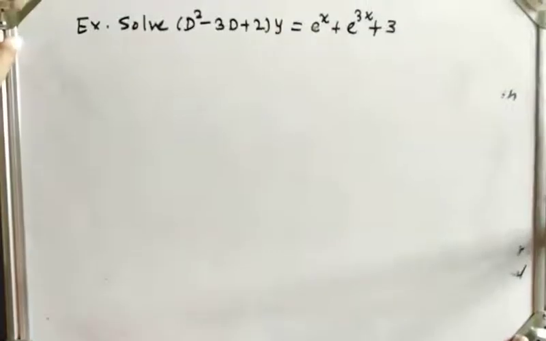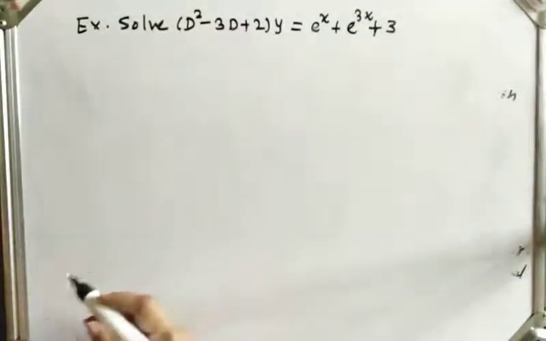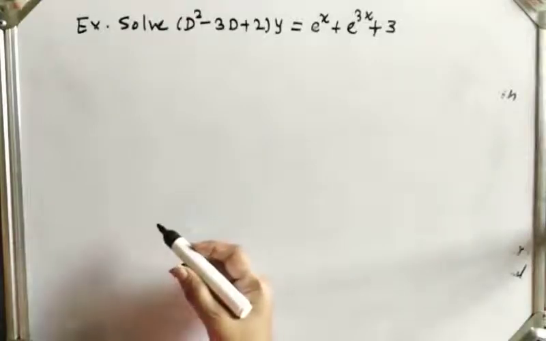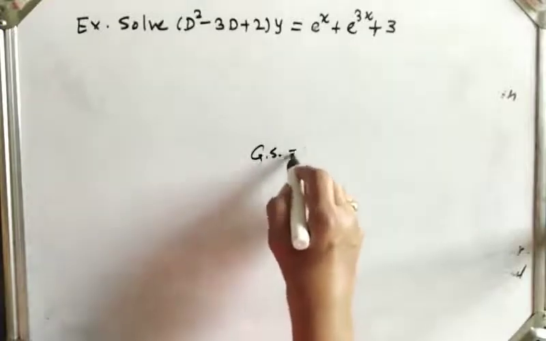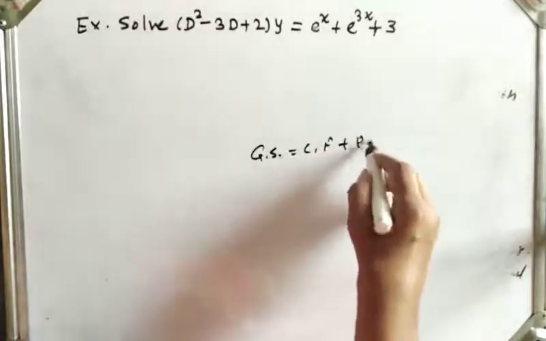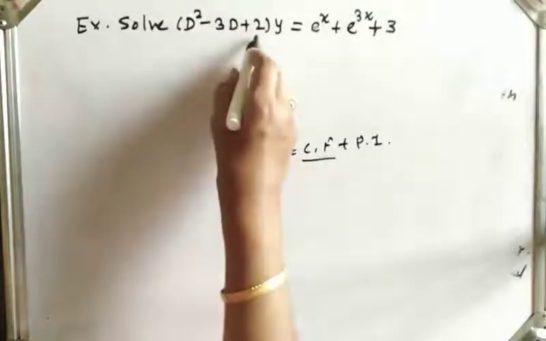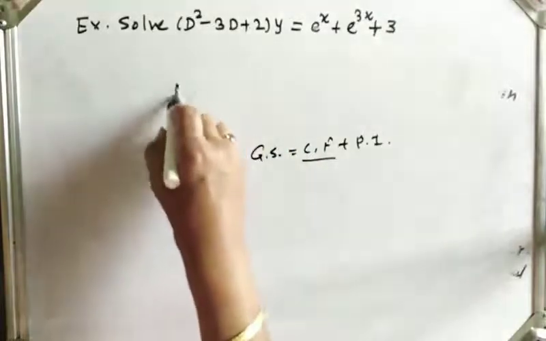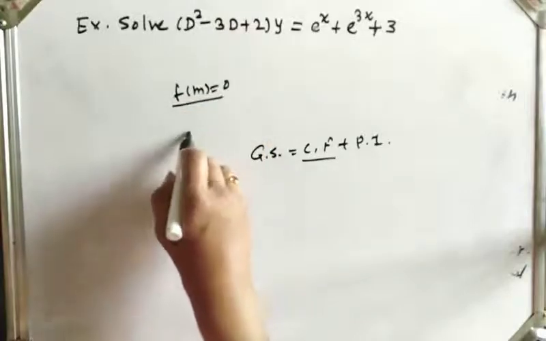Now this example is non-homogeneous, which means its general solution is the addition of complementary function and particular integral. Complementary function we know how to solve: using the auxiliary equation f of m is equal to 0, we find the complementary function.